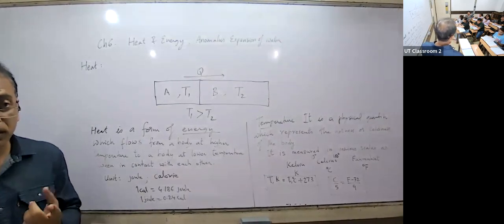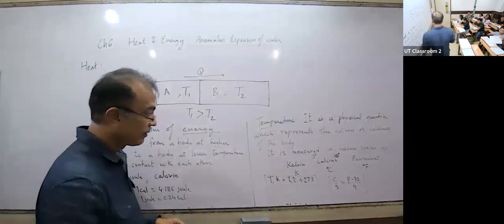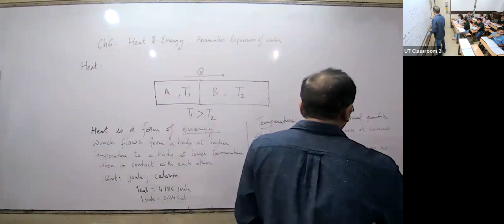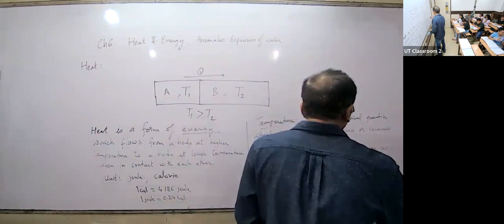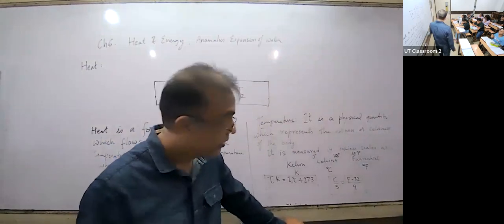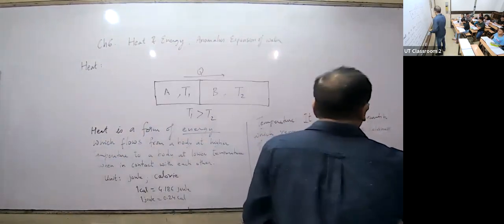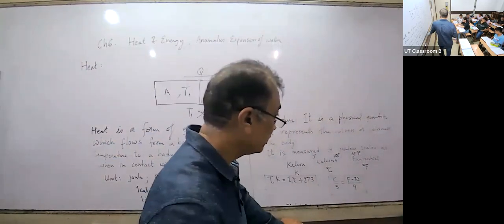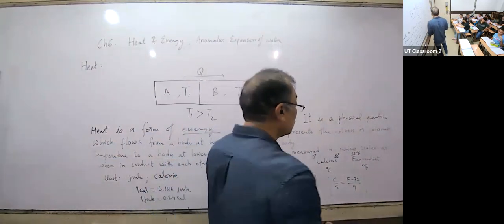On the Fahrenheit scale, water freezes at 32 degrees Fahrenheit. Okay? And add 180 to it. How much would that be? 212.